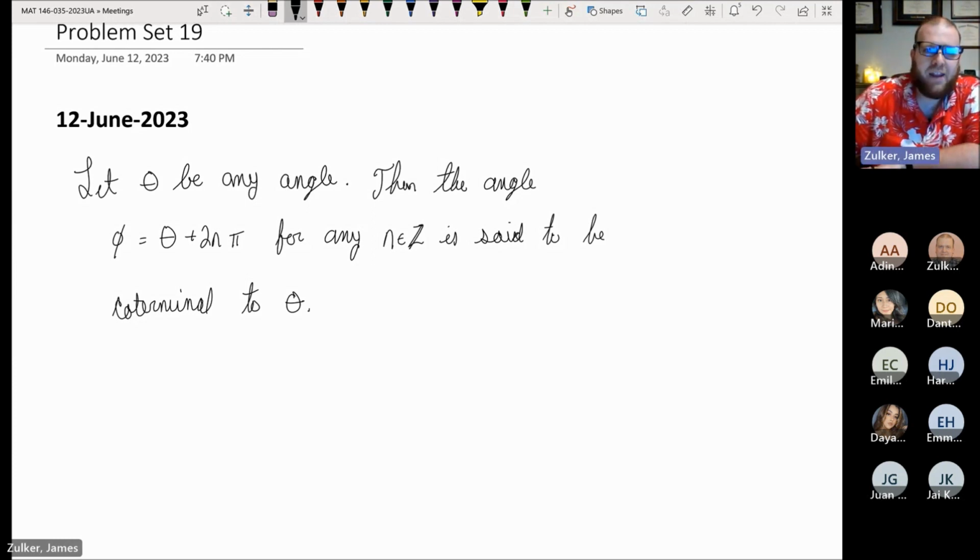So given any angle theta, the angle phi equal to theta plus 2n pi for any integer n is said to be coterminal to theta.